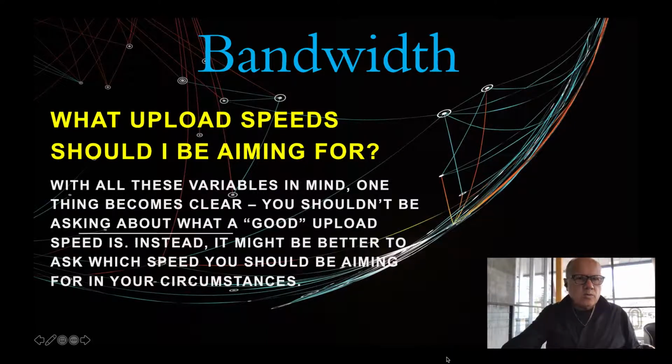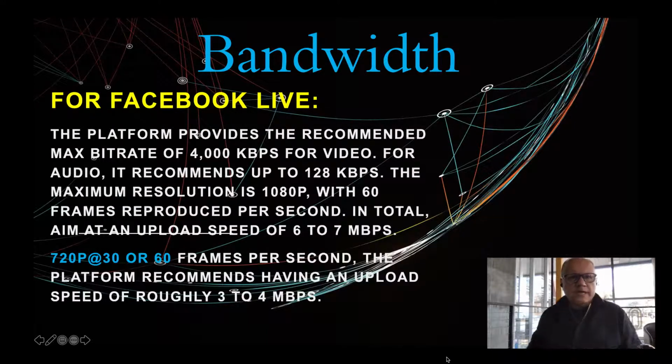So let's start with Facebook. Here we go, Facebook Live. For Facebook Live, the platform recommends a maximum bitrate of 4,000 kilobits per second for video. Now this is what they're recommending.